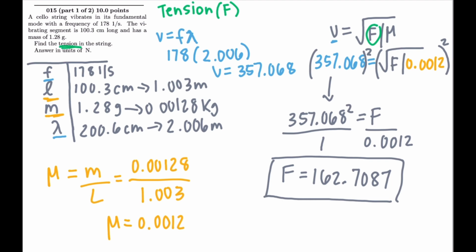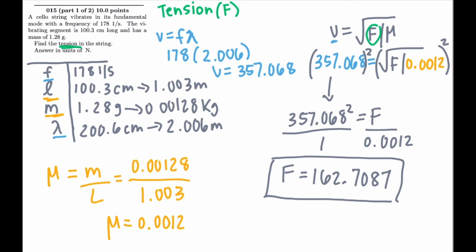than sorry, right? So recap what we just did. We found out that we needed to find the tension in the string. We listed all our information, the frequency, the length, the mass. We found the wavelength by multiplying the length by 2, right? Then we realized that we needed to use this equation. Velocity is equal to the square root of the force divided by the linear density.